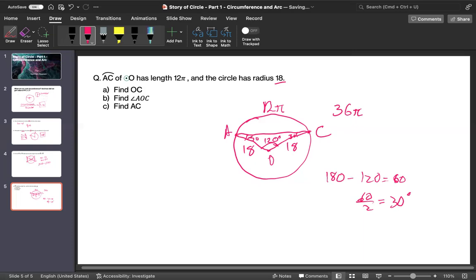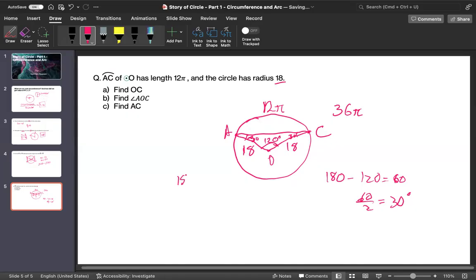So then, since the opposite angle of the side with length 18 is 30 degrees, and 30 is a quarter of 120, we know that 18 must be 1/4 of AC.